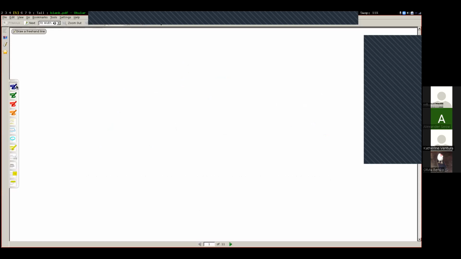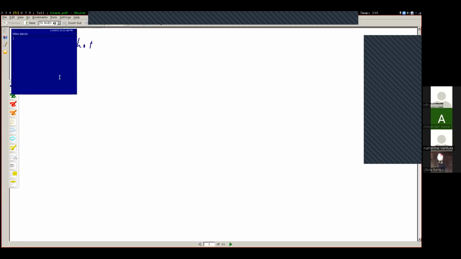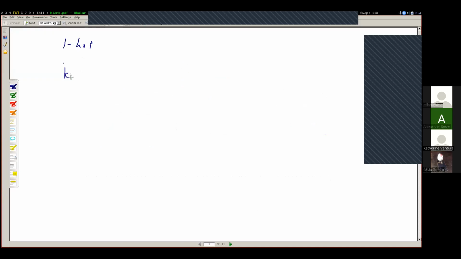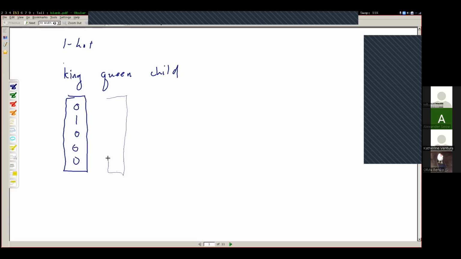I've just switched over to a blank page. In the one-hot encoding, we'd have something like king, queen, child, each one of these having its own vector.